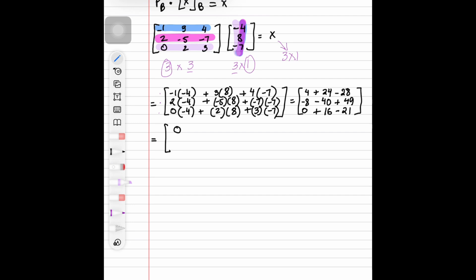We get 1. 16 minus 21 is negative 5. This is our answer right here.